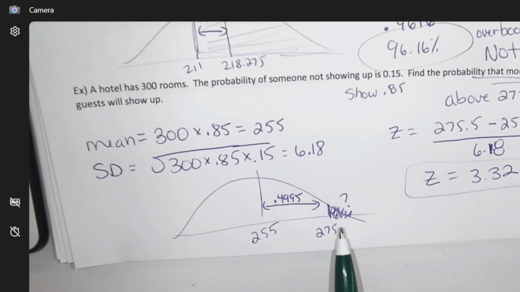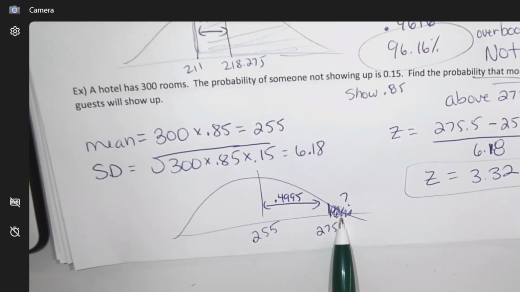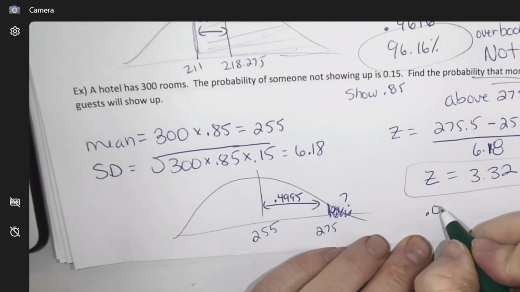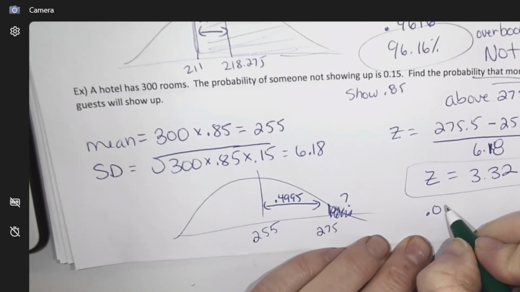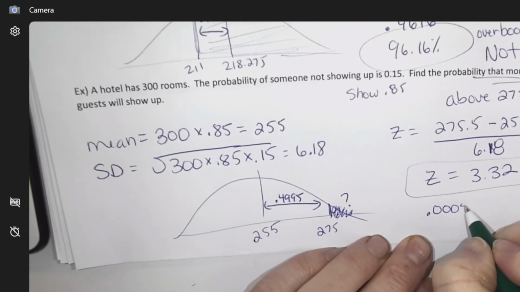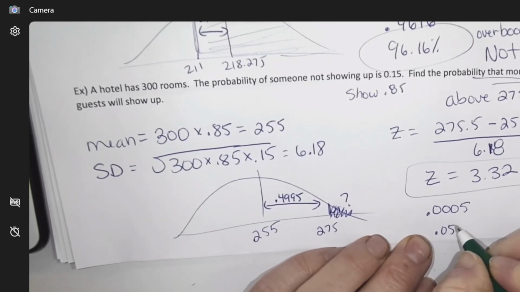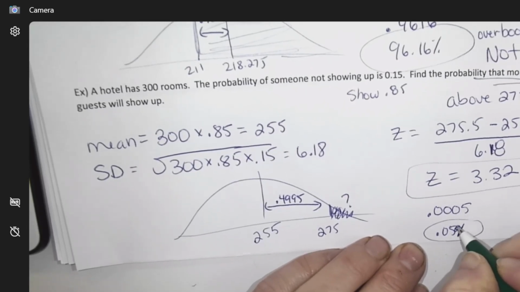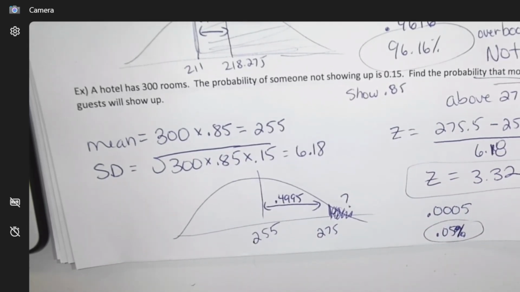Mental math without your calculator: what's the leftover here? 0.5 minus 0.4995 is 0.0005, so 0.05%. I used the calculator. Okay, so not very likely.